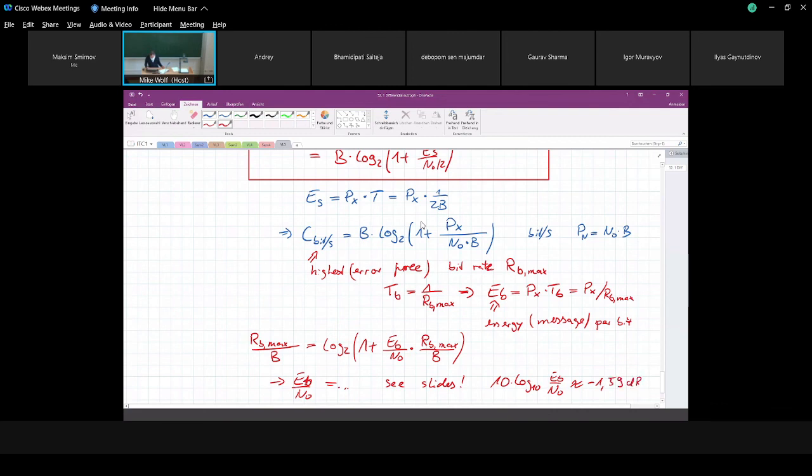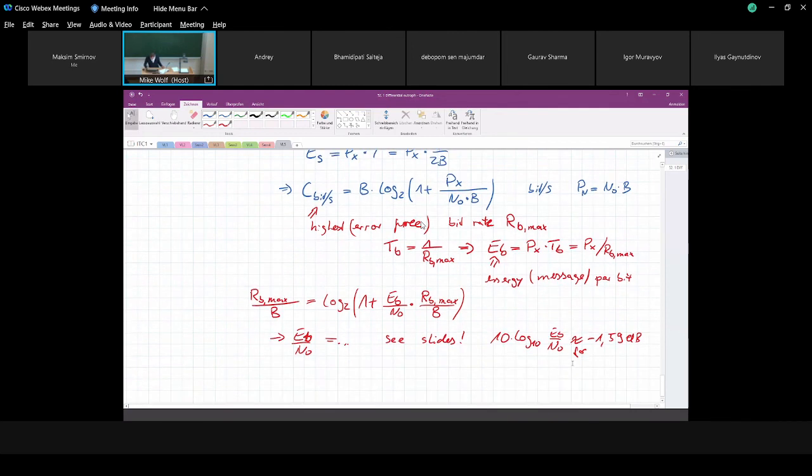For B divided by RB very, very large, let's say to infinity, what happens? So if we use a huge bandwidth, and we want to transmit a certain data rate, but our goal is not to transmit the highest data rate.